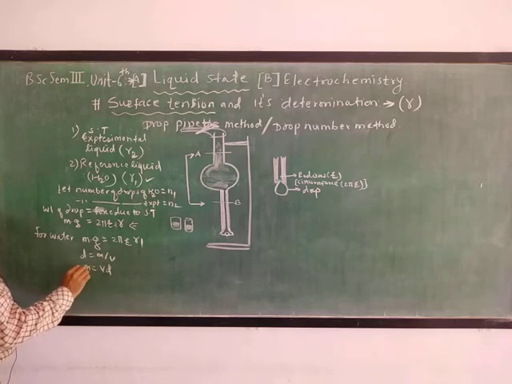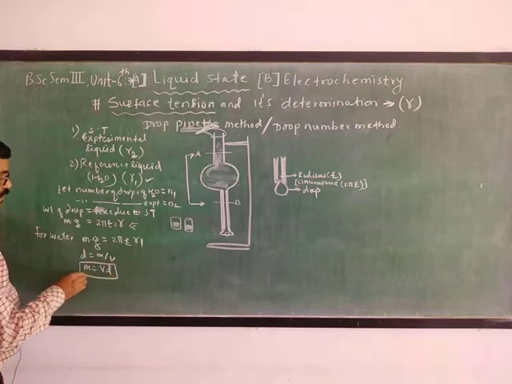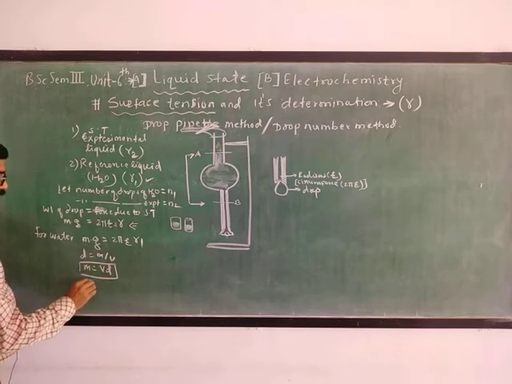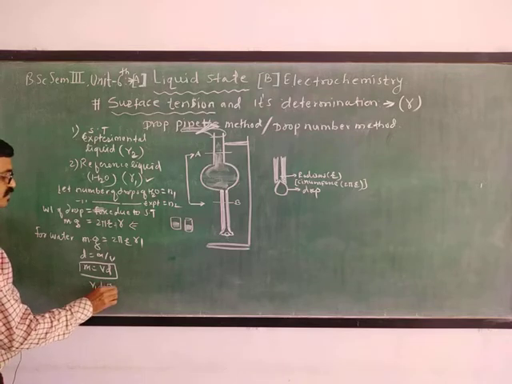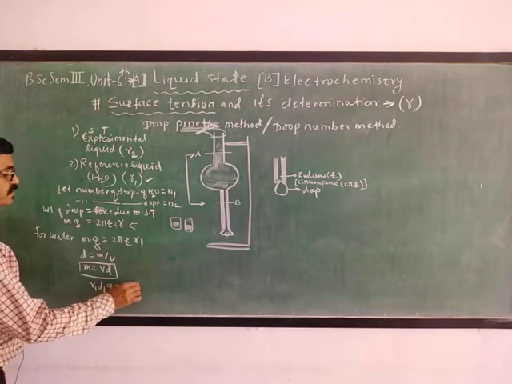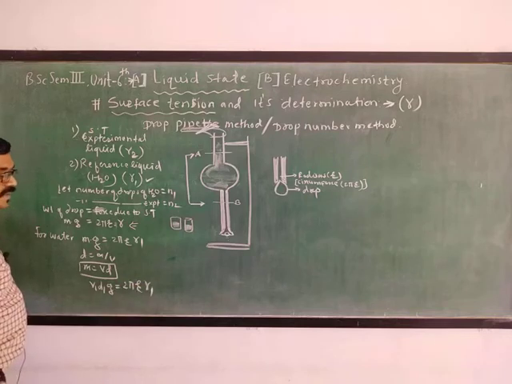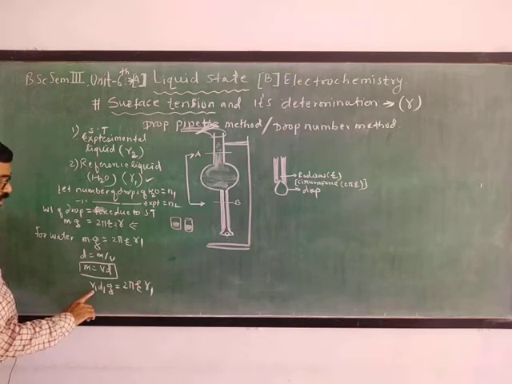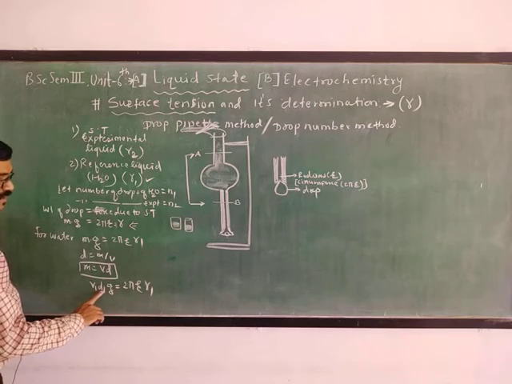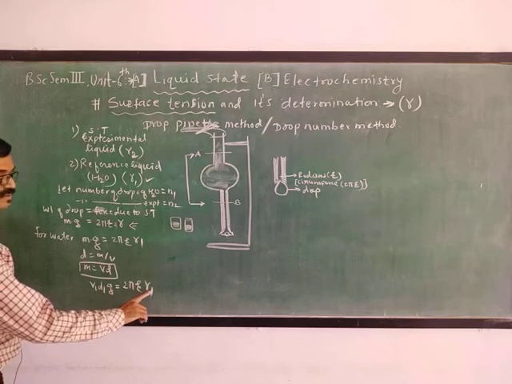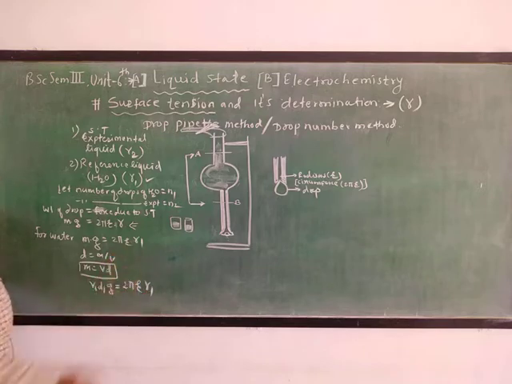Now put these values for mass m: for water it will be V1 into d1 into g, that is equal to 2 pi r into gamma 1, where V1 is the volume of water, d1 is the density, and gamma 1 is the surface tension of the water.